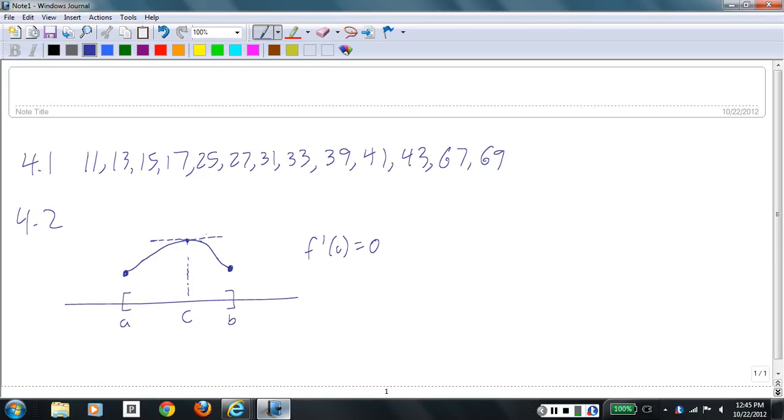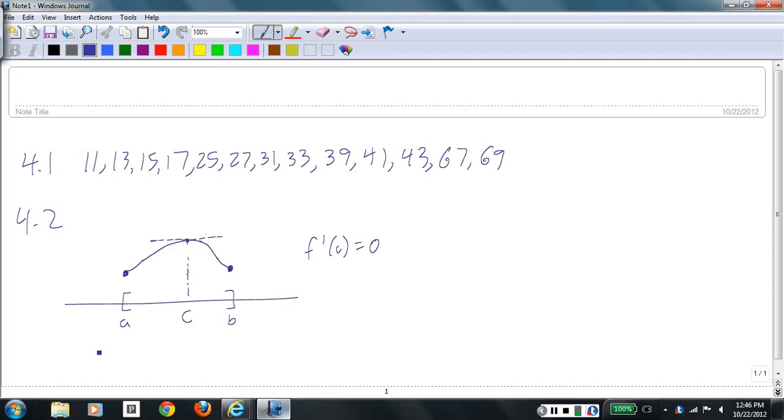Or you could rig up a wild and crazy trigonometric function that would go up and down like that and have just as many horizontal tangent lines in between there as you like. Or, if the function's constant on the interval, every single point on the interval would be a place where f prime of c equals 0.